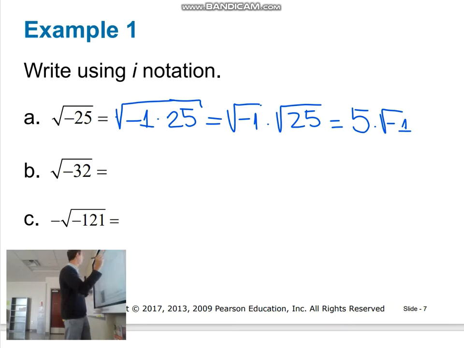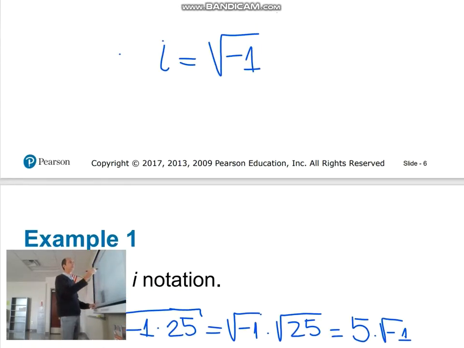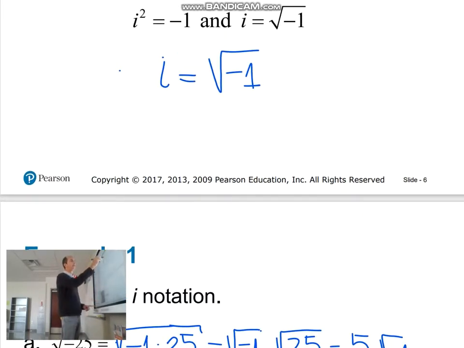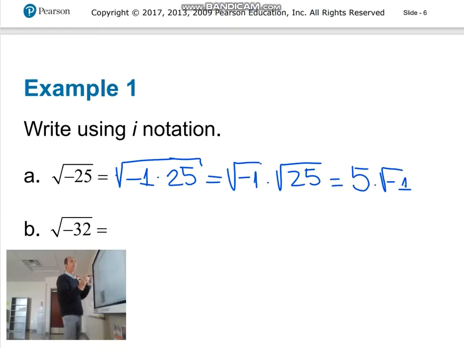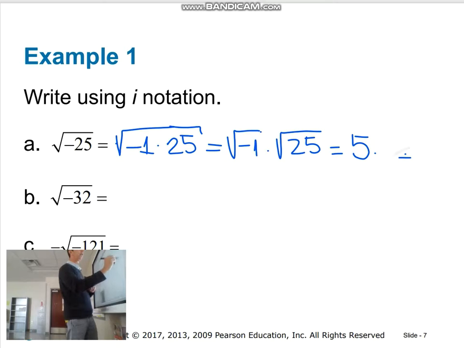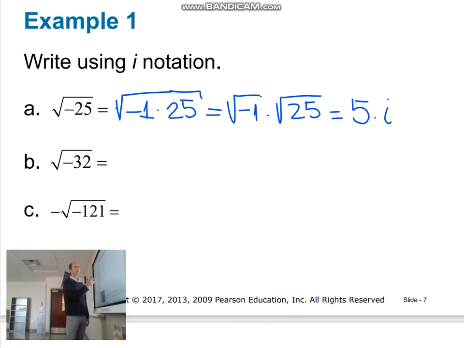And in the previous slide we learned that i is equal to square root of -1. We can substitute this square root of -1 here by the lowercase letter i. This is the answer. For example, letter A, 5 times i, the imaginary unit.